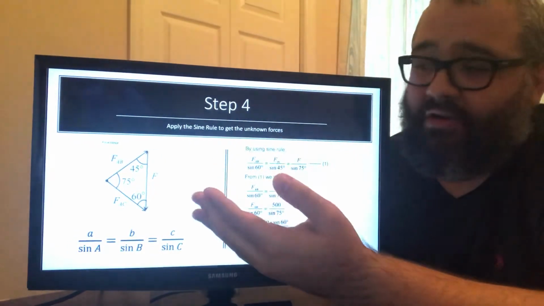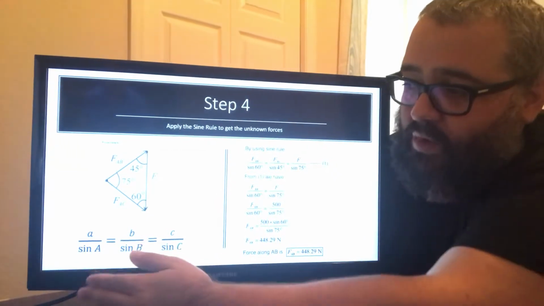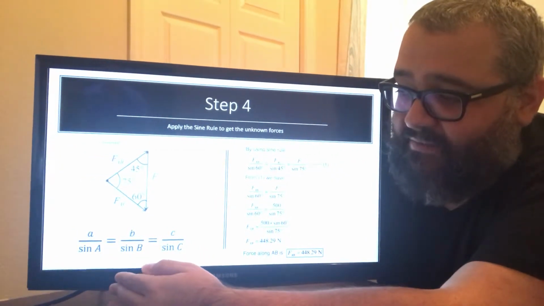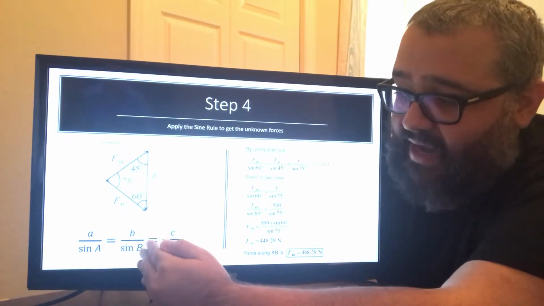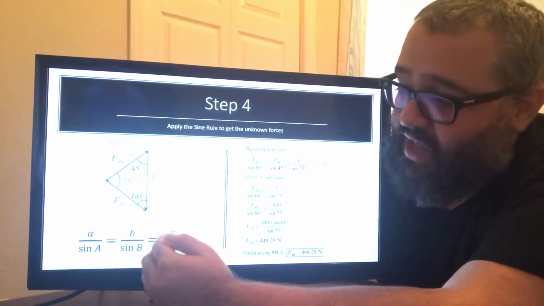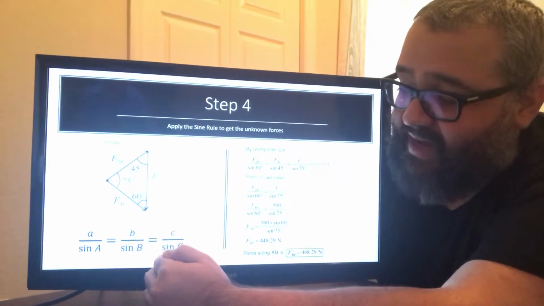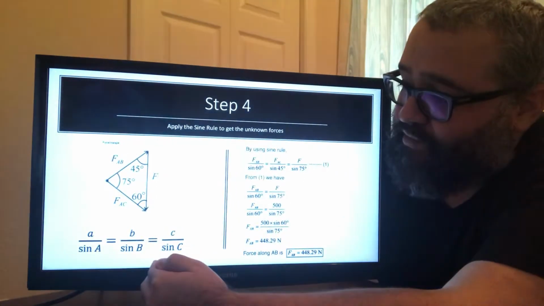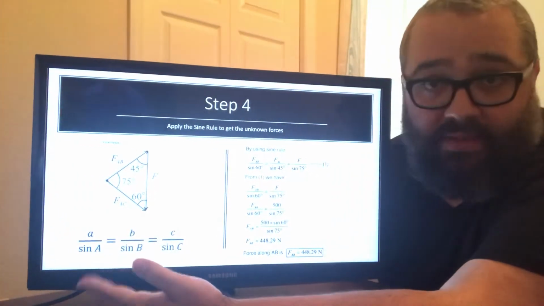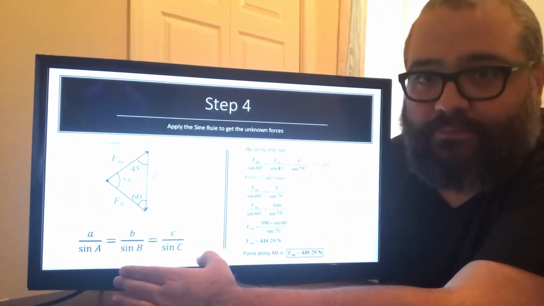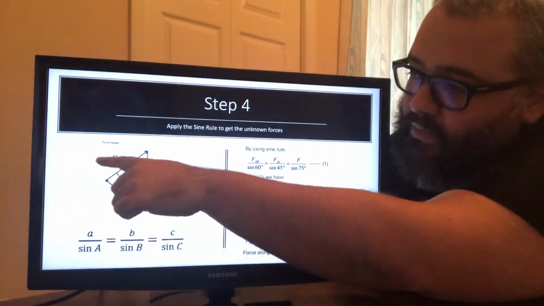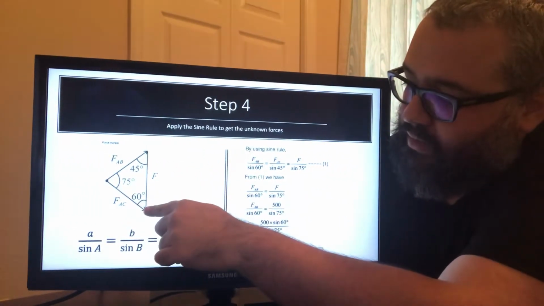As I mentioned earlier, we will have side a divided by the sine of A equaling side b divided by the sine of B equaling side c divided by the sine of C. Now, we will substitute the values that we already know into this equation. We will have FAB with its front angle.